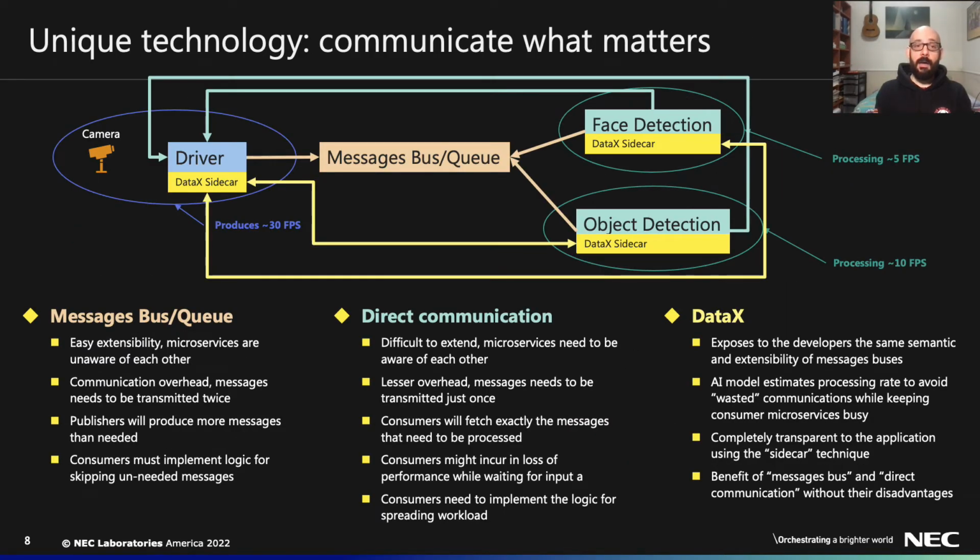The state-of-the-art communication mechanism between microservices is either message buses or queues, or direct communication. They both have pros and cons.